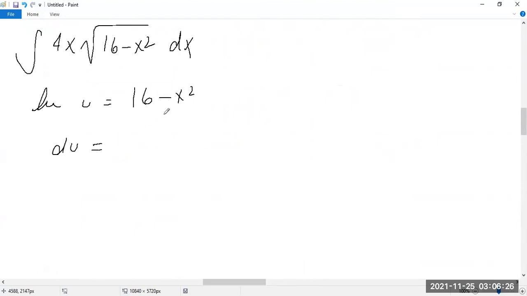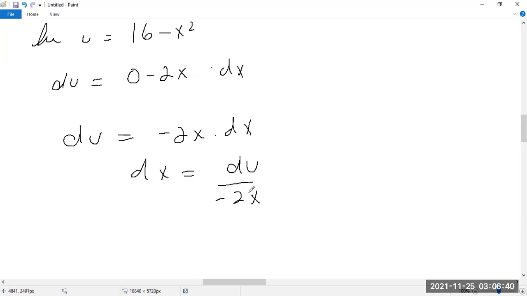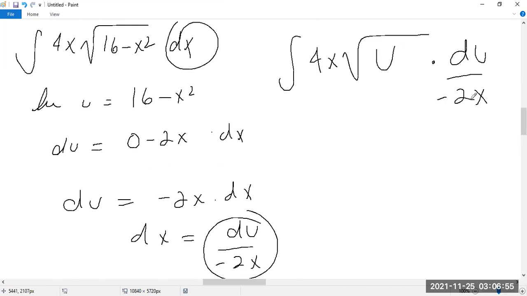So du equals 0 minus 2x times dx, so du equals negative 2x times dx, and dx equals du over negative 2x. So we can substitute: this is 4x times the square root of u times du over negative 2x.